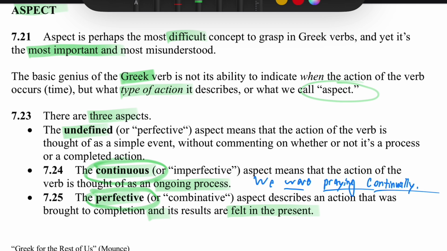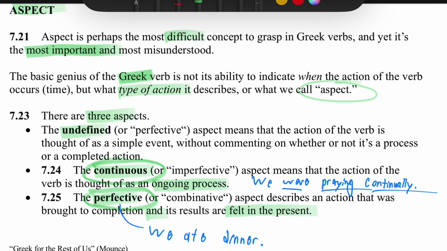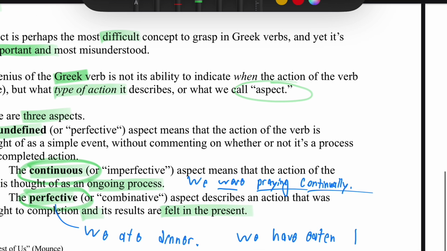And in the case of perfective, we could say something like, "we ate dinner." And that's perhaps a little bit ambiguous whether or not it's undefined or perfective, but another example would be, "we have eaten dinner."